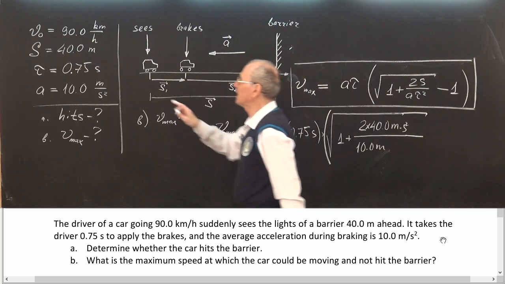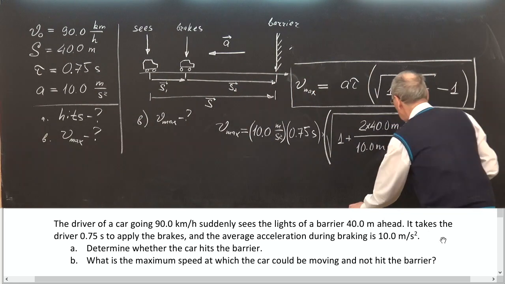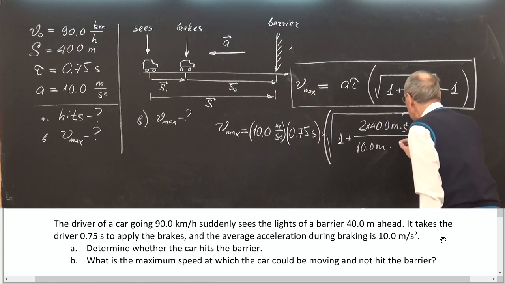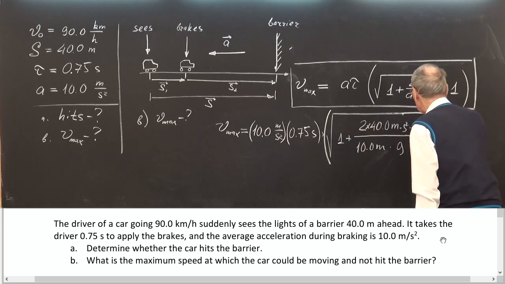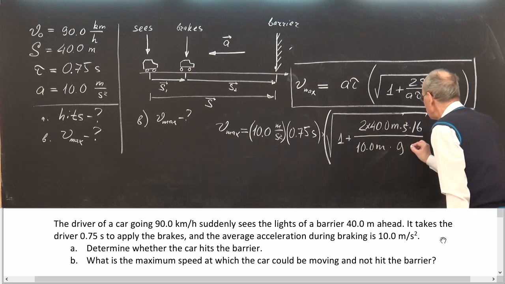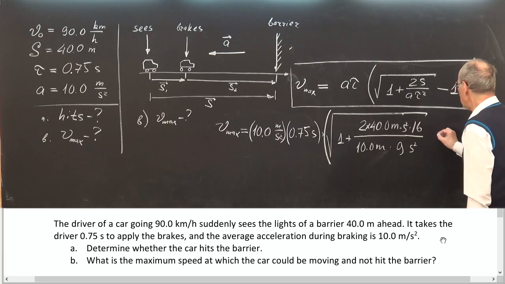Tau is 0.75, so tau squared is 9/16 second squared, minus 1.